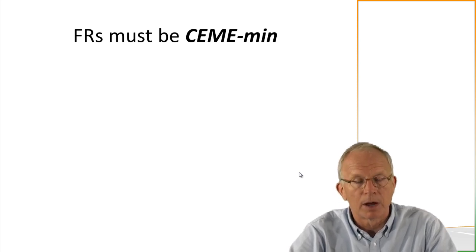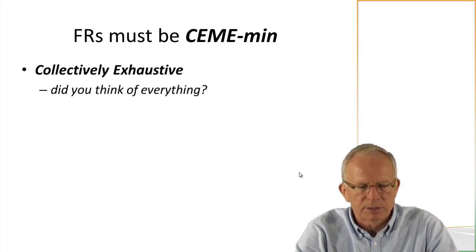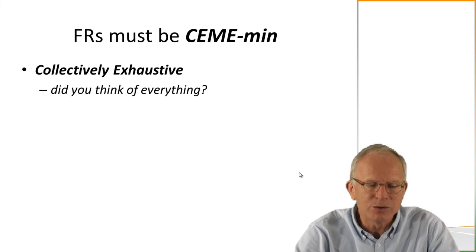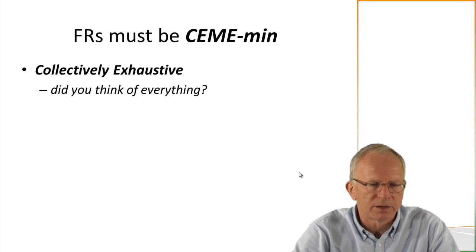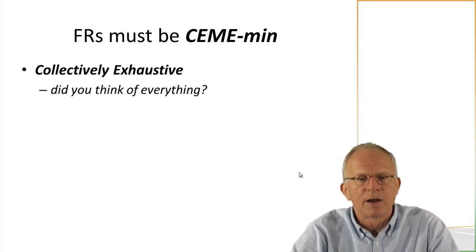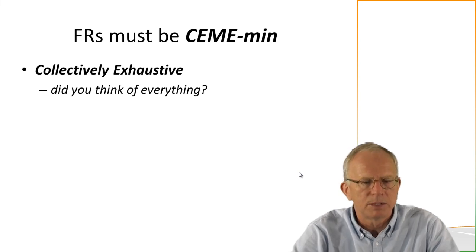So this is kind of a mantra that we want to be saying as we decompose the FRs. Let's see what this means. Collectively exhaustive. Did you think of everything? That's the CE. So we want to make sure that we've thought of everything. It is the engineer's job to think of everything that could result in failure and address those, or everything that could hurt the operator and address those, or everything that needs to be done, and make sure that all of those things are done in that design.